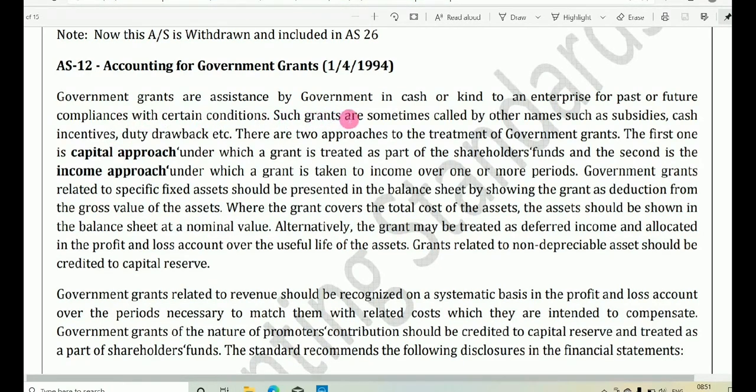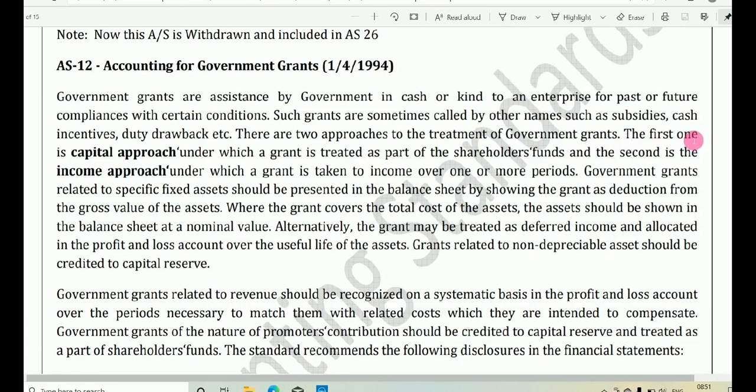Such grants are sometimes called by other names such as subsidies, cash incentives, duty drawback, etc.